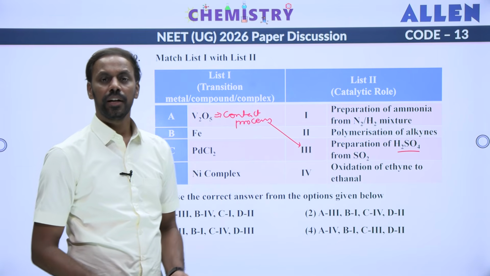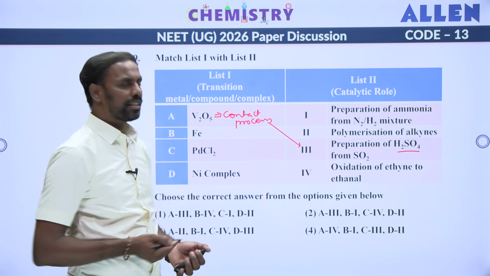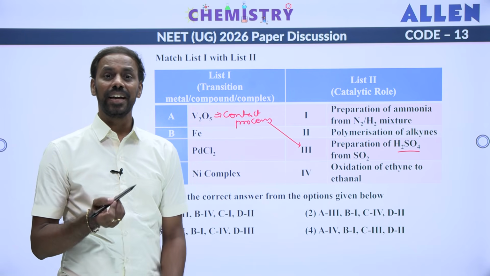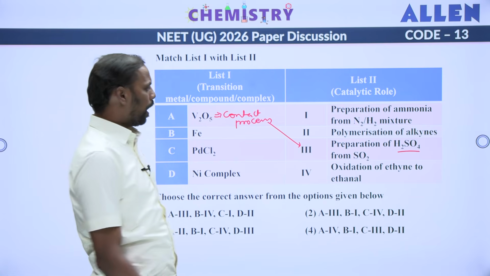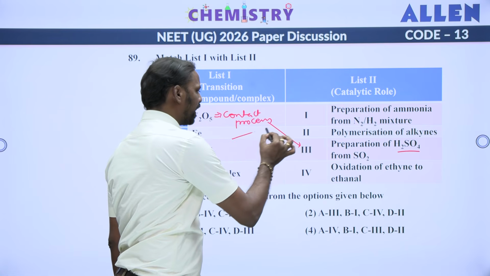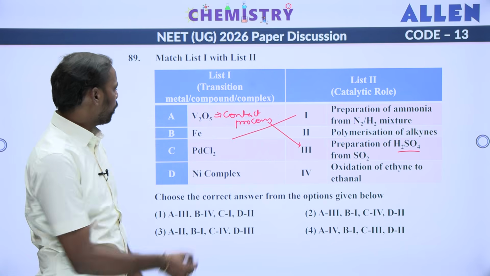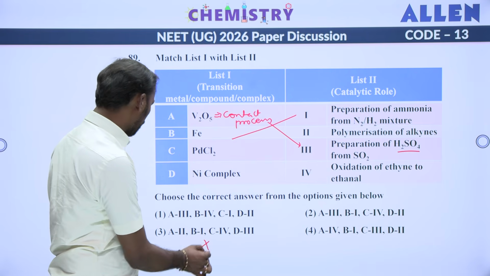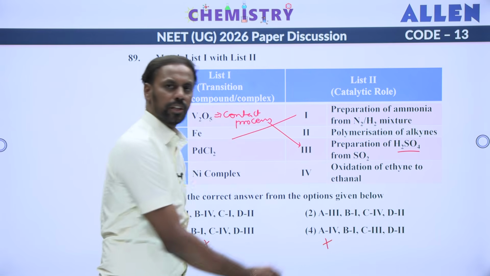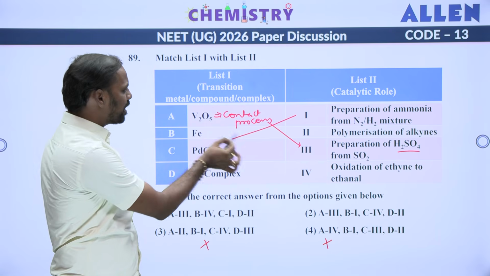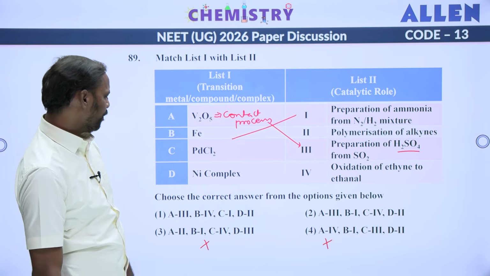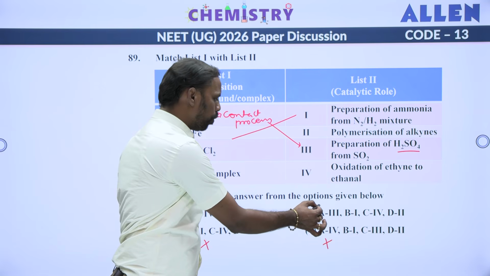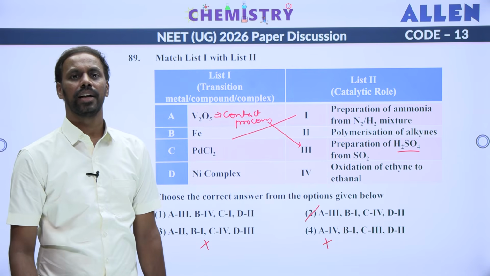Okay, next iron. Everybody knows N2 plus 3H2, that is Haber's process, the industrial preparation method of ammonia. In that one, which is acting as a catalyst, student? Iron. Okay, you can check with that. A is matching with which one, student? 3. You can cancel option 3, you can cancel option 4. B is matching with which one? 1. At that time there is only one option, you need not check the other options.